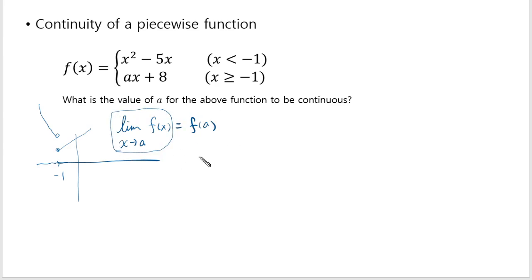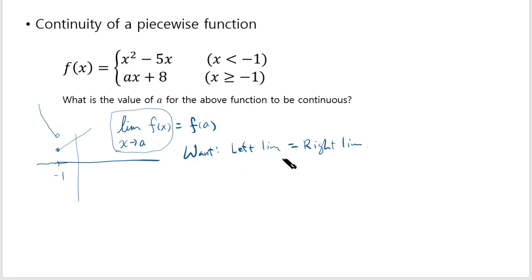So we want left limit equals the right limit, because then it wouldn't be a jump discontinuity, and then everything else will just work out because the value already exists, and once you make it connected, then the value and the limit should be equal.